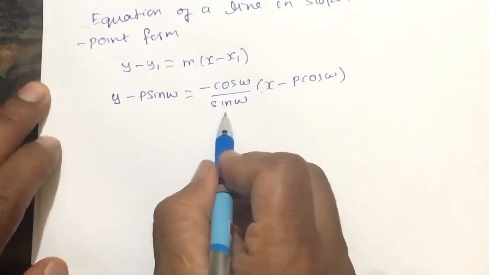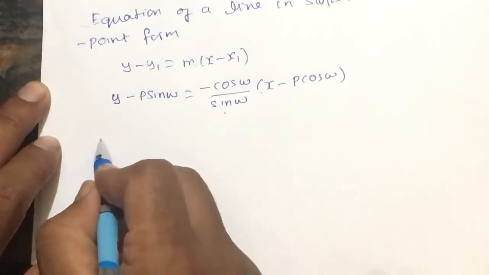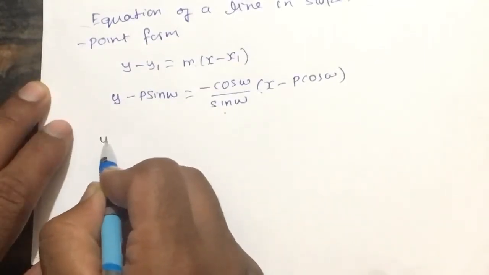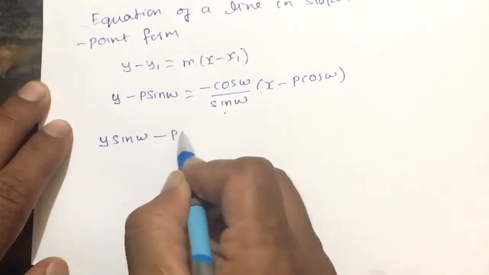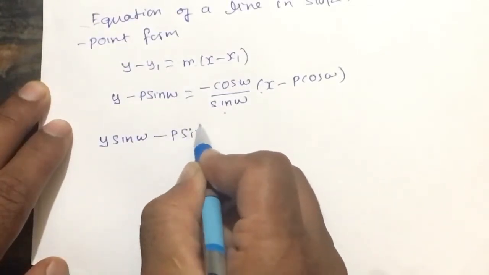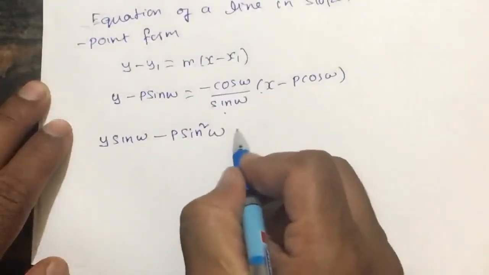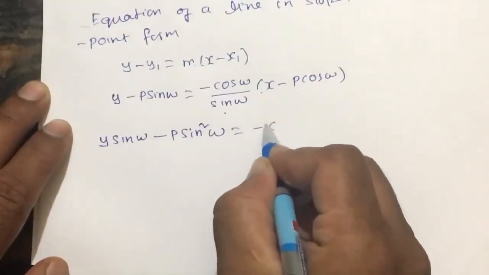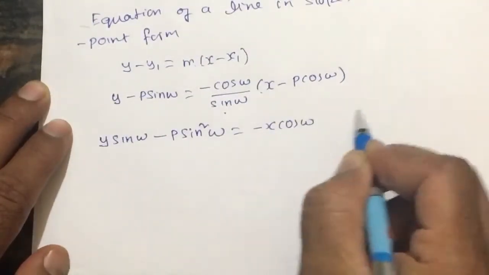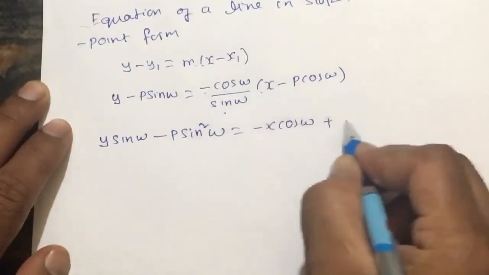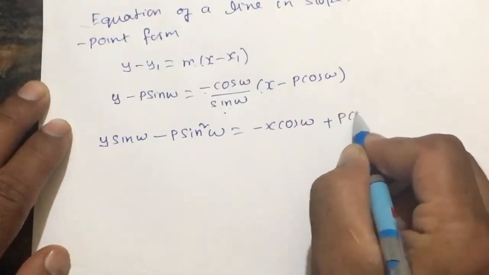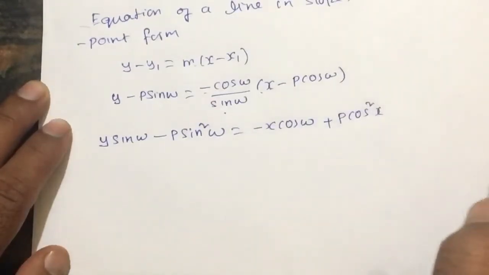Now I will multiply this sin omega to the left, so I will get y sin omega minus p sin square omega, which is equal to minus x cos omega plus, because minus into minus is plus, p cos square omega.